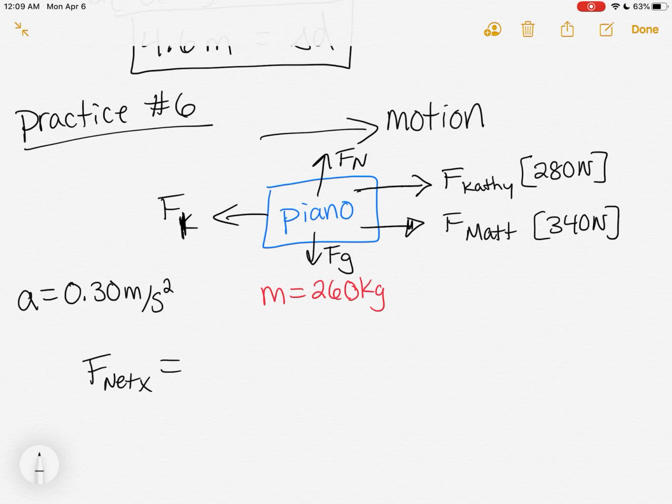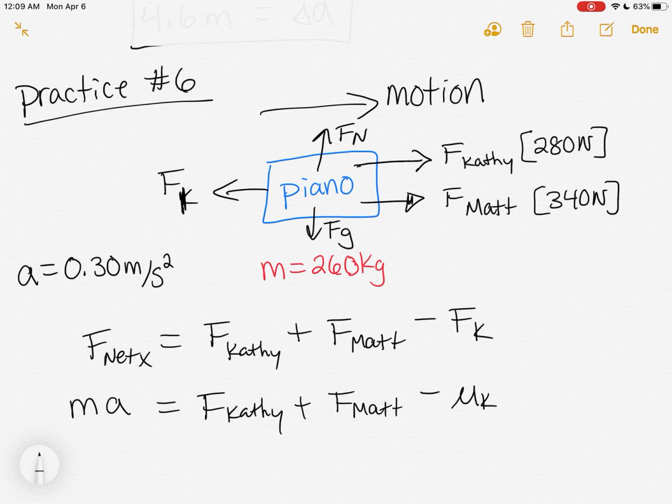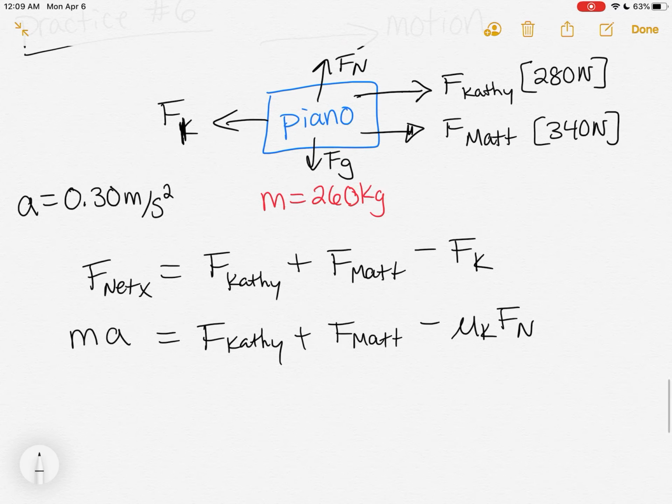So our F net x, in this case, we're going to have the force of Kathy plus the force of Matt minus our Fk. And so our F net x is going to be our mass times our acceleration. And then we'll have the force of Kathy plus the force of Matt. And we know that Fk is really mu k Fn. And we can start doing some substituting here if you like.